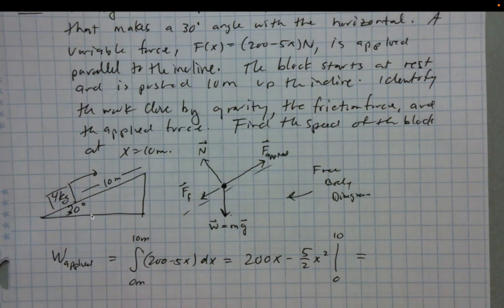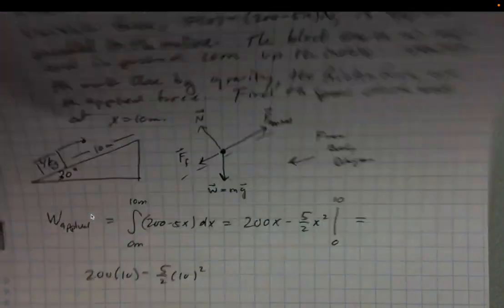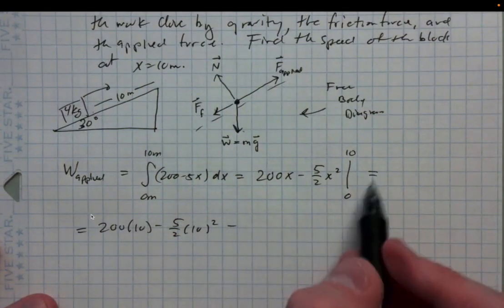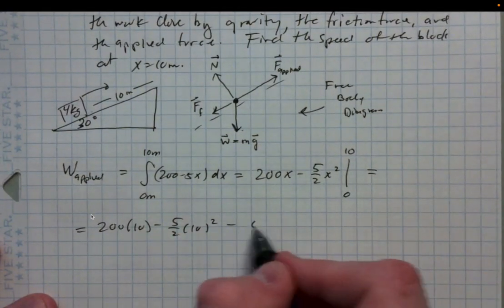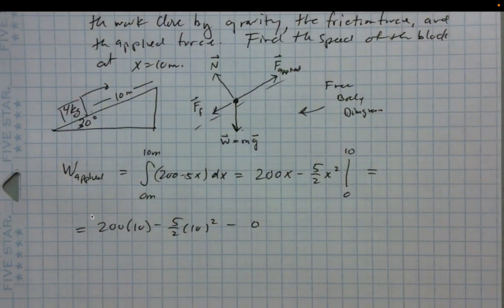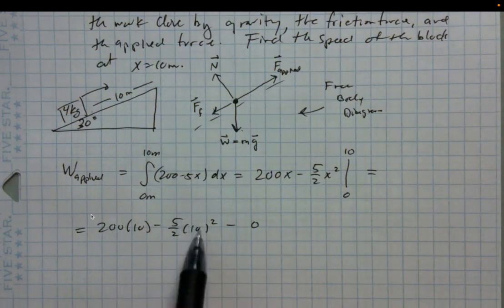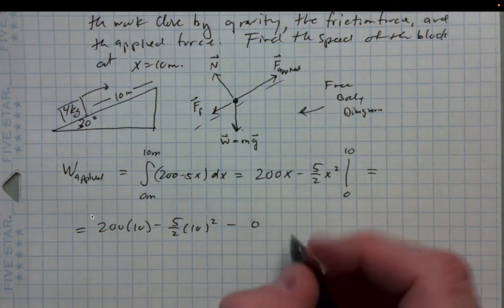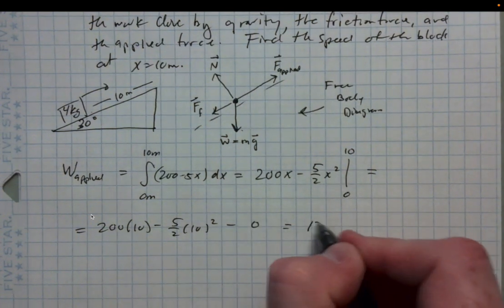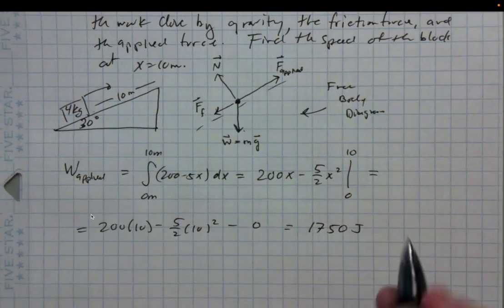So that would be 200 times 10 minus 5 halves 10 squared, and then minus these evaluated at 0, which is just 0. So you've got 2,000 minus 250, which altogether would be about 1,750 joules.